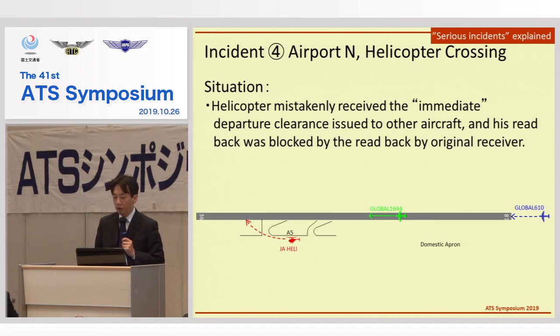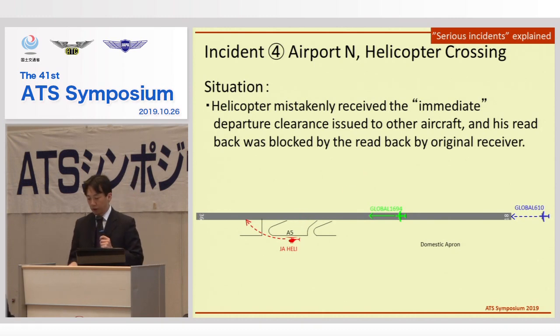Then both Global 1694 and Juliet Alpha Hotel Echo Lima India read it back simultaneously. The controller could not notice that the helicopter mistakenly received the takeoff clearance, since its readback was blocked by the readback made by the original receiver, Global 1694.